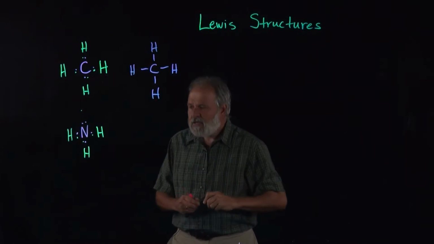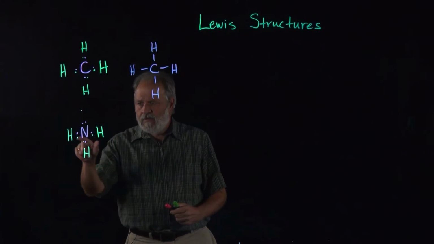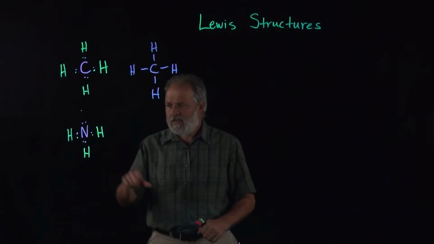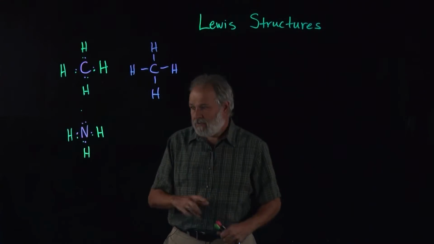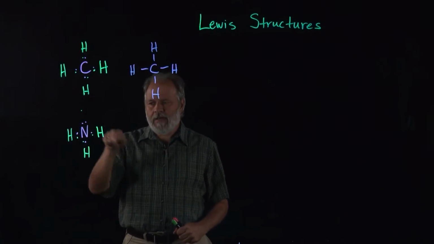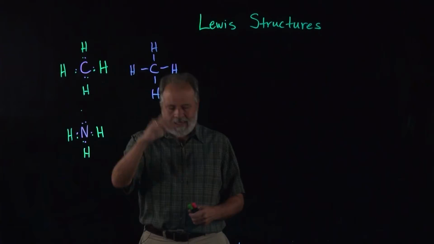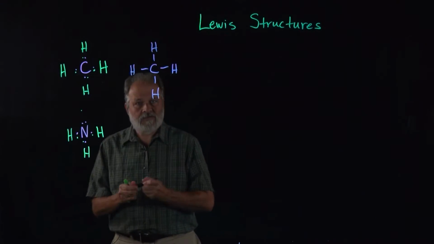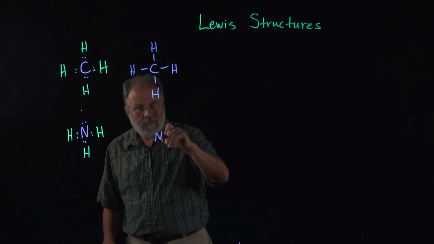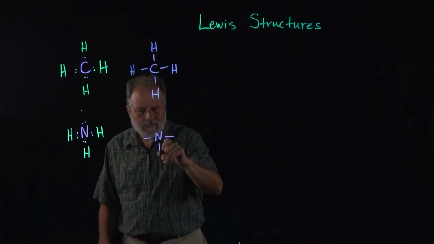So nitrogen has shared 3 electrons and has 2 that are not shared. And so this is called a lone pair. And so we can draw the shared electrons as dashes just like before, and so the Lewis structure for ammonia can be drawn this way.